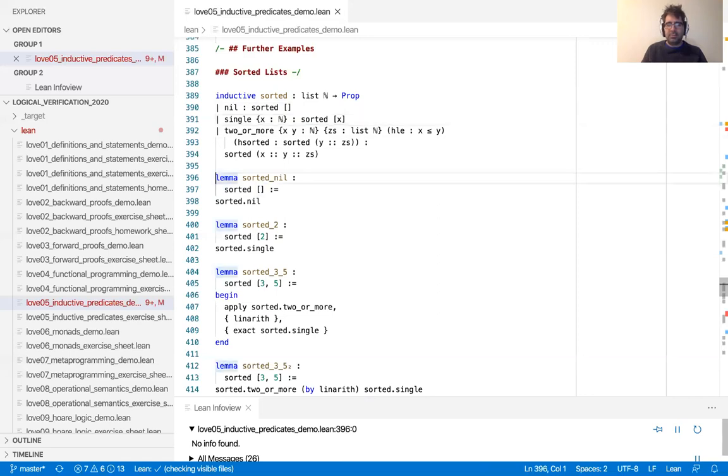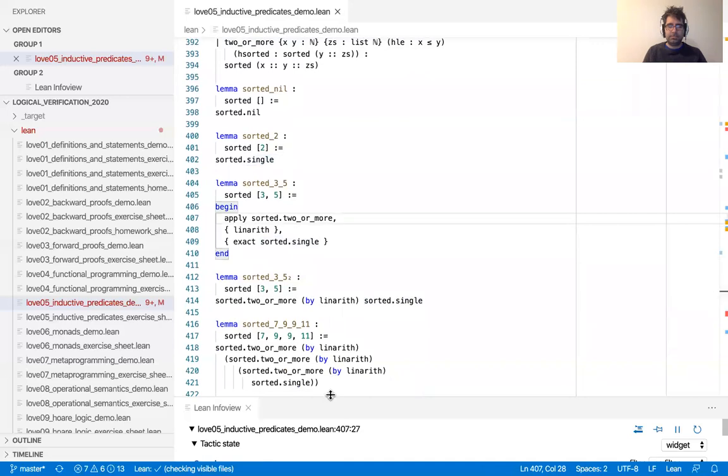And then here are some proofs. So we can prove that the empty list is obviously sorted. This is just sorted.nil. Here sorted 2 is just sorted single, and you see we don't need to pass the argument. I mean, we could using at. There we could pass it, but we don't have to. And if we have a longer list, here's a list of length 2, then we have to apply sorted 2 or more, right?